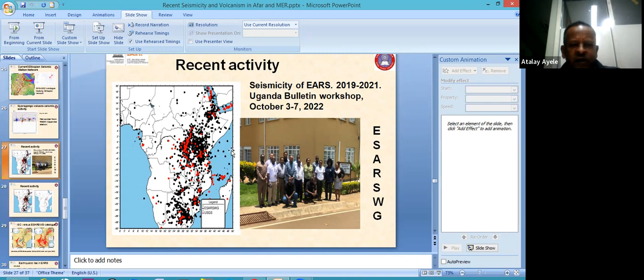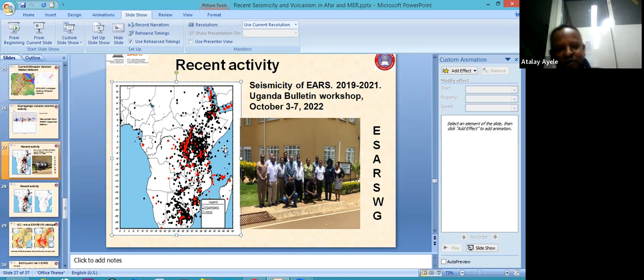If I explain this map specifically, the red dots are the PDE, preliminary determination of epicenters, from USGS. The black ones are our reports.